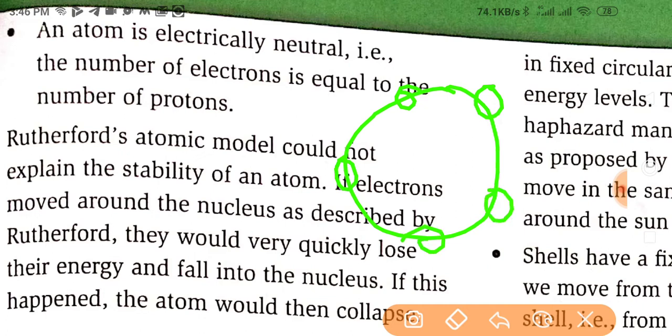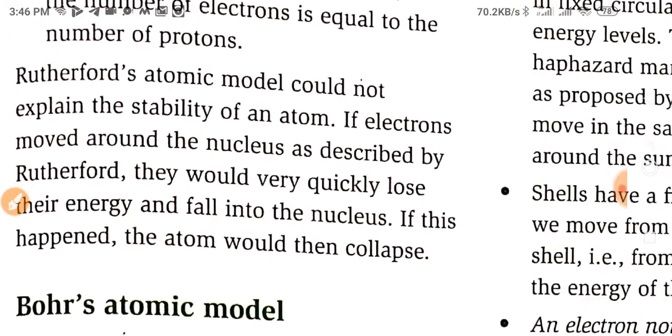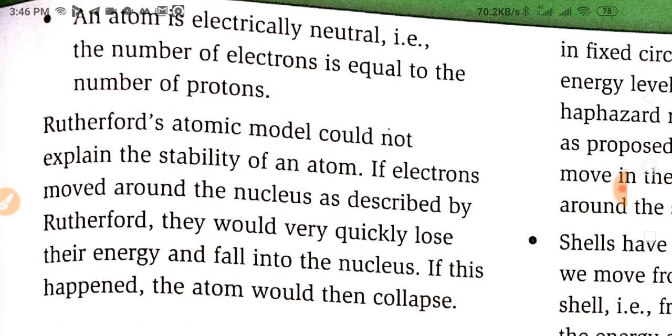If they continuously move like that, one time would come when they lose their energy and fall into the nucleus and completely vanish. If this happened, the atom would collapse. So this is also a failure of Rutherford's model.